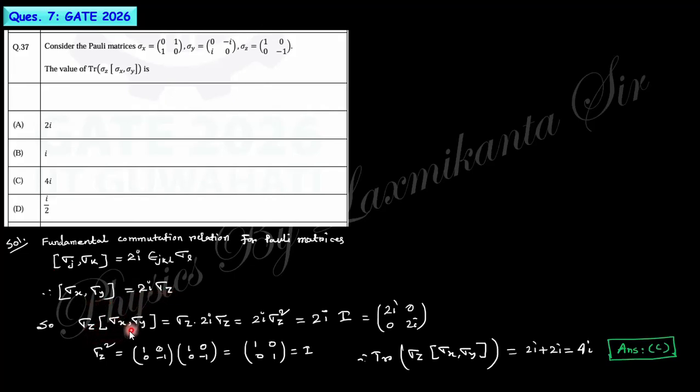So sigma z into sigma x sigma y gives you 2 iota sigma z, so this will be 2 iota sigma z square, and this gives you the identity matrix. So this is 2 iota, 0, 0, 2 iota, as sigma z square gives the identity. The trace of this matrix is 2 iota plus 2 iota, that is 4 iota. So option C is the correct answer of this question.